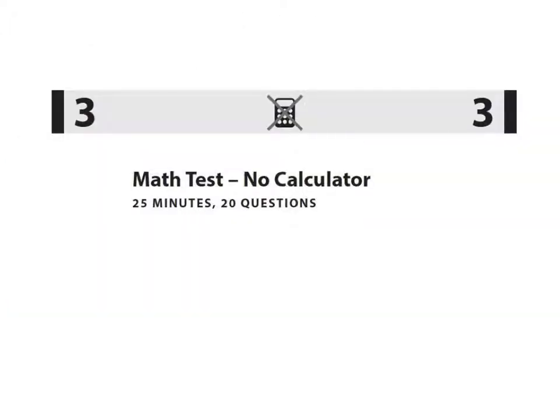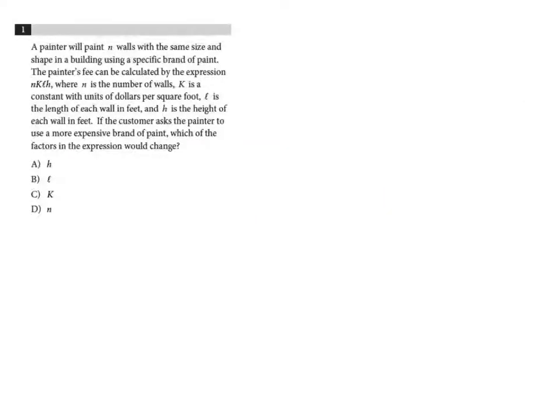So the first section that we're going to be working on is the no calculator section, section 3. Okay. Number 1, a painter will paint n walls with the same size and shape in a building using a specific brand of paint.